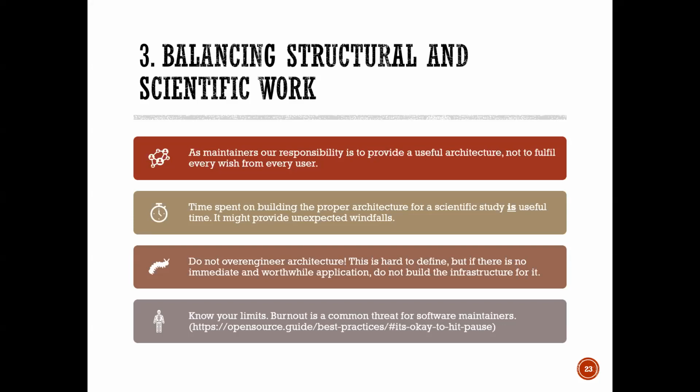The distinction between these 2 points is not easy to make, but a good rule of thumb is that if you don't have an immediate or worthwhile application of flexible architecture, then don't build the infrastructure for it yet. Only if you can foresee applications that likely need this better architecture, then you can think about implementing it.